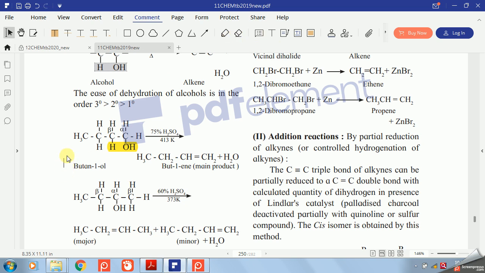This is primary alcohol, so it is least reactive.